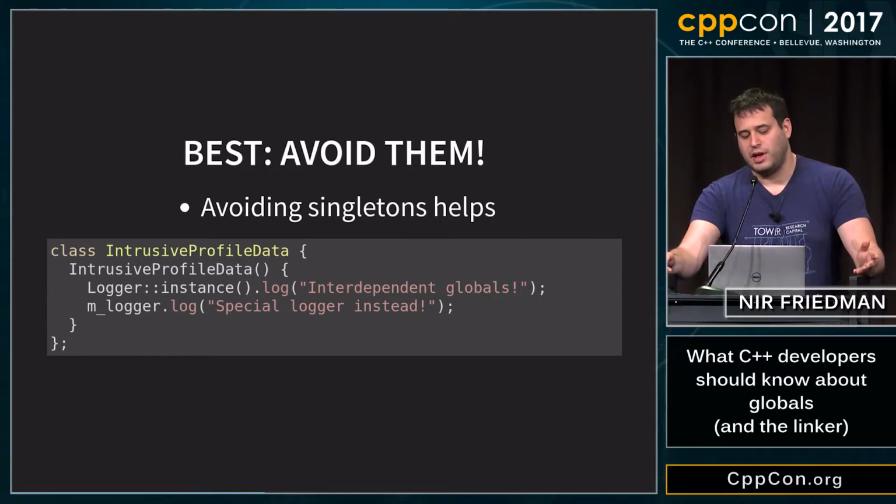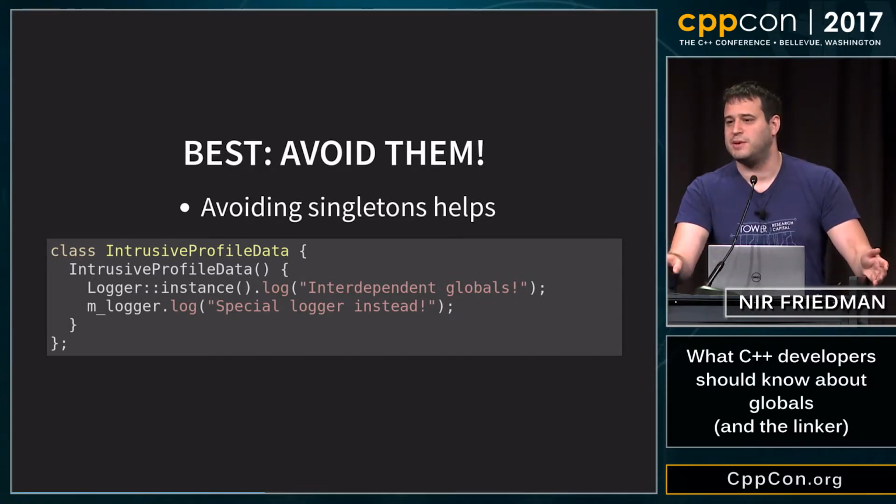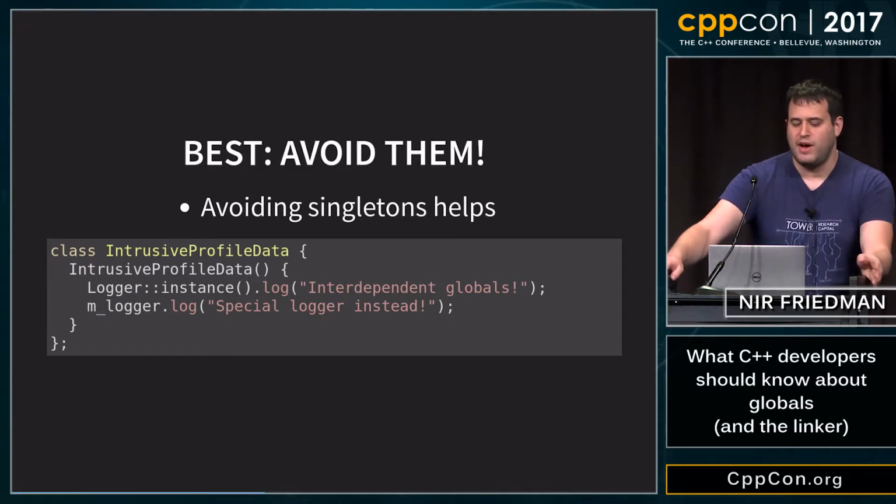So here's an example. Let's say I'm writing an intrusive profile data. This is intended to be used as a global, so that I can write my intrusive profiling macros. In the first line, one option would just be to use the global logger and log something in the constructor. But now I have a dependency between two things that are going to be global.